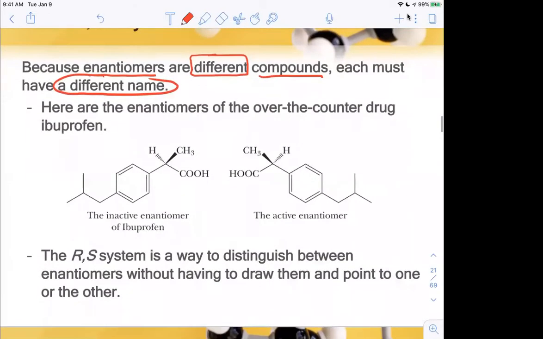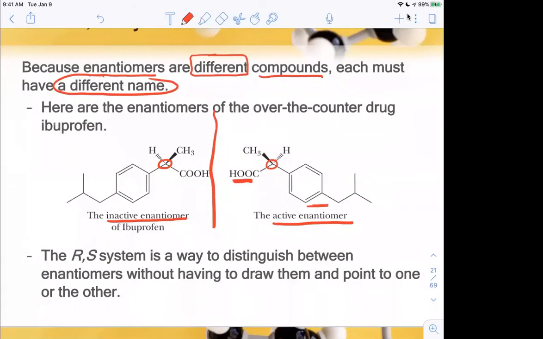For example, ibuprofen is a pair of enantiomers. I have an active enantiomer, which has this configuration at the chiral center, and I have an inactive enantiomer, which has this configuration. I want to be able to say, this is the one I mean, where this methyl group is pointing out and the hydrogen is pointing behind, where I have the carboxylic acid on this side and the rest of it on that side.